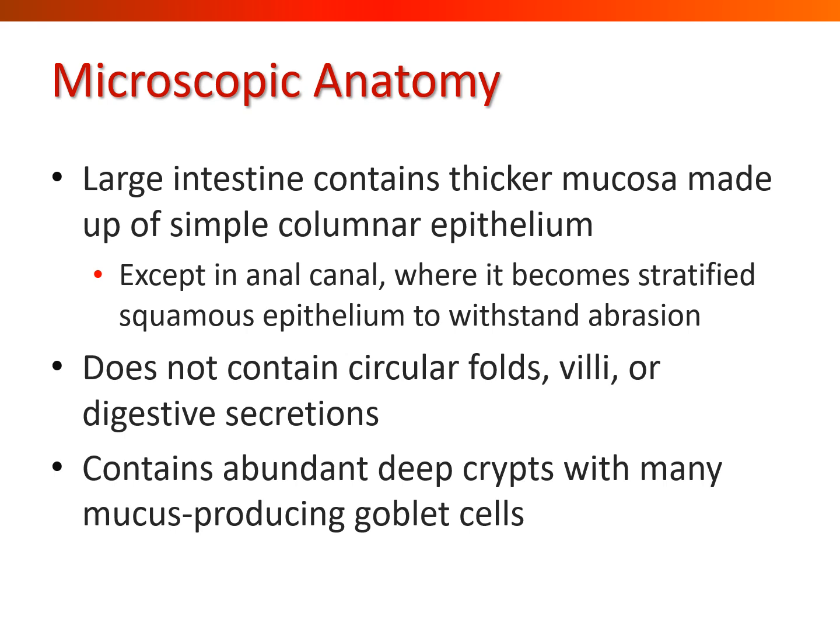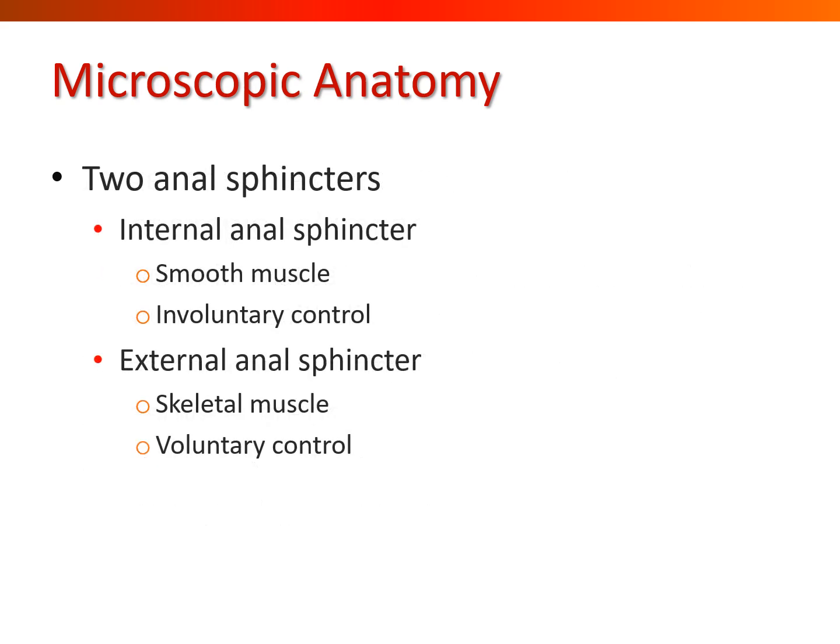Let's just call it what it is, a lump. As we stated earlier, the anal sphincters, there's two of them. There's the internal sphincter, which is smooth muscle, and the external sphincter, which is skeletal. So we don't have control over the smooth muscle, but we do have control over the skeletal muscle, and both of those have to relax in order for the stool to pass.